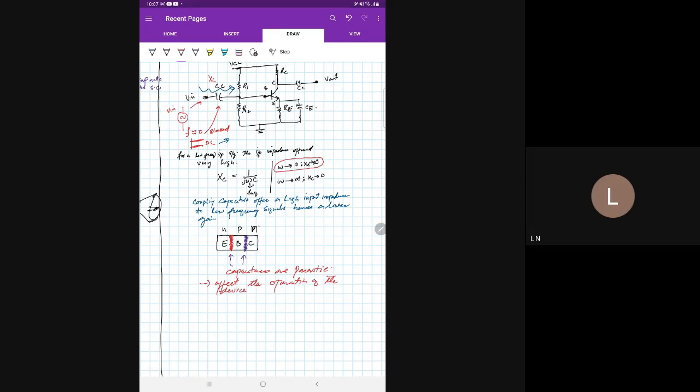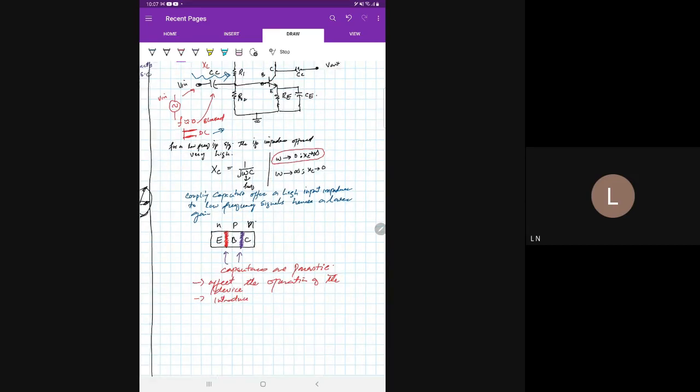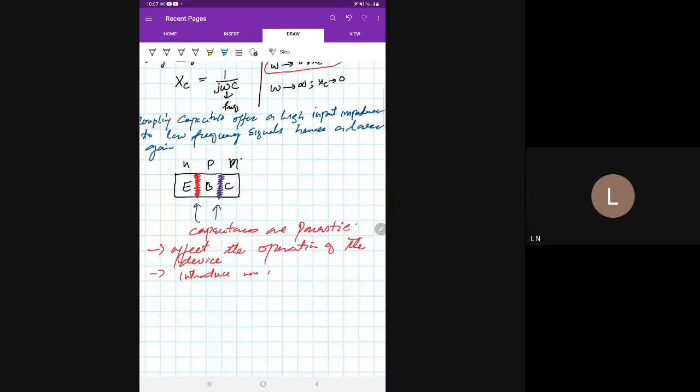Because they introduce non-idealities in the operation. Ideally, there should not be any parasitic capacitance present in the device. But once we fabricate the device and practically realize it, there are certain undesirable effects which affect the operation because they introduce non-idealities.